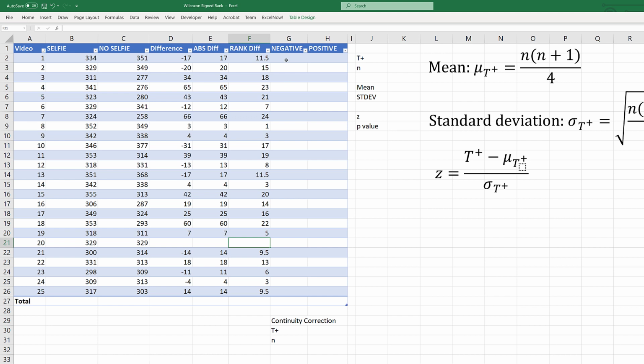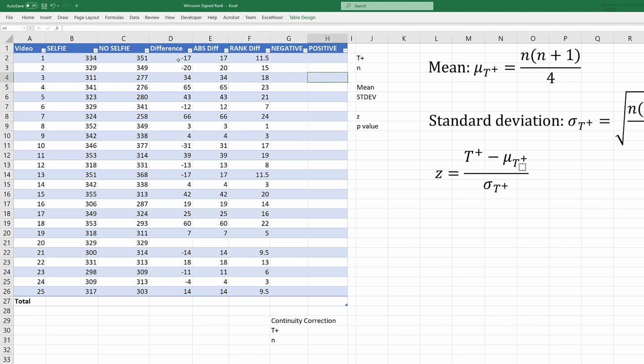Okay, so now we need to separate out our negative and positive ranks. So what we're doing is we're going to look at our rank differences here in column F, and then we're going to look at the original subtraction here in column D. Now, if this difference in column D is negative, we're going to put the rank difference in column G. If it's positive, say like we have here in D4, then we'll put that rank difference in positive.